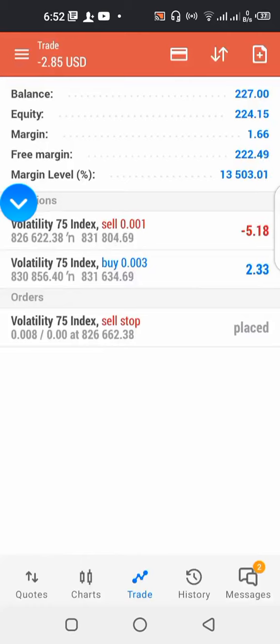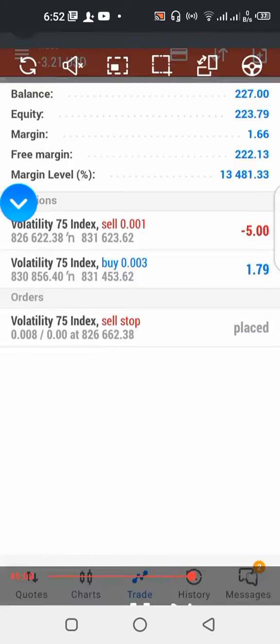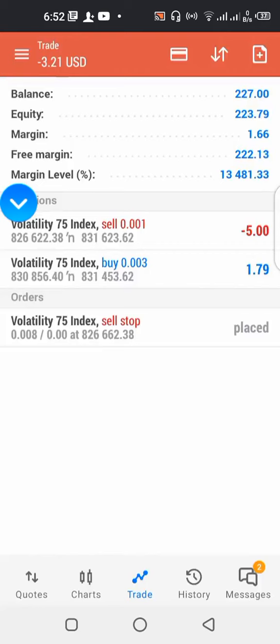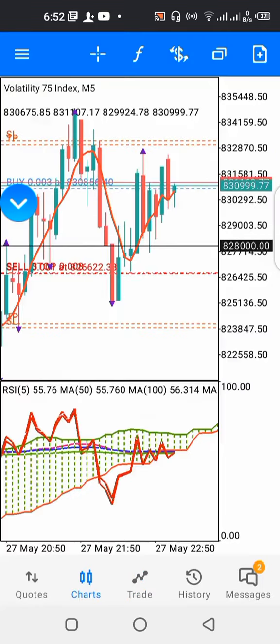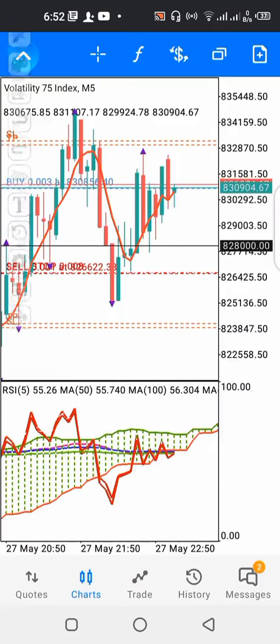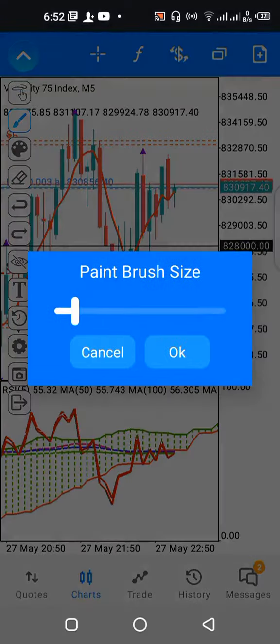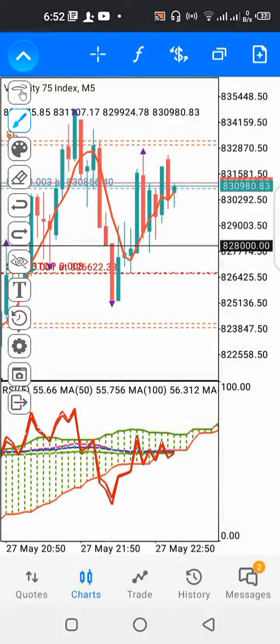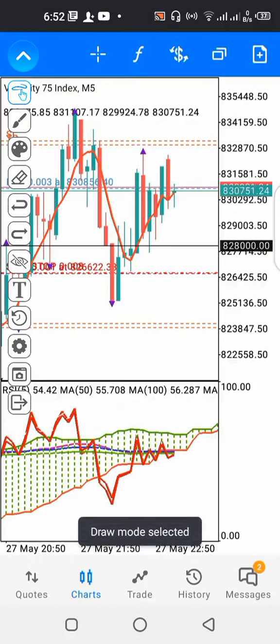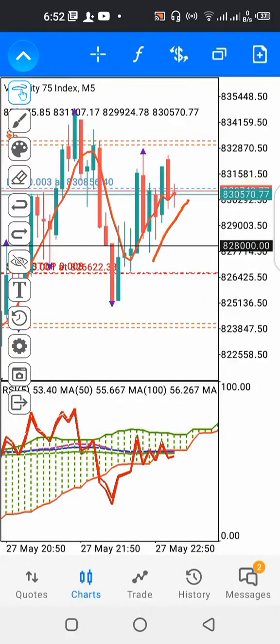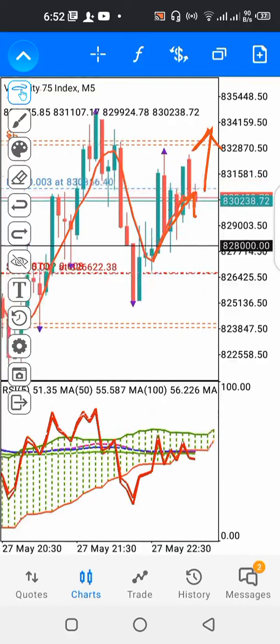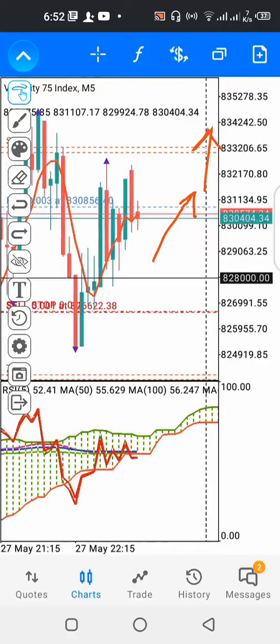At this point nothing happened. We can see price building upwards, showing that price might likely trigger and close out the trade at the top.